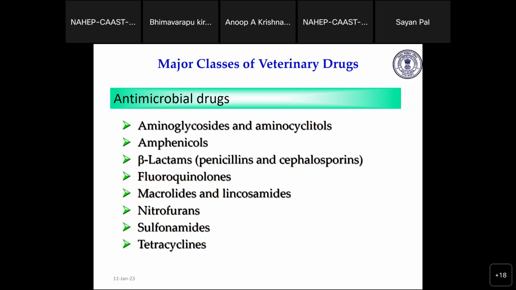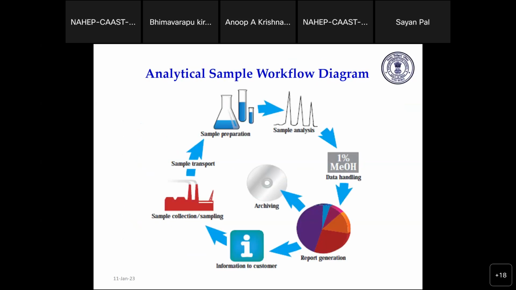Within these groups, there are some compounds which are banned, like nitrofurans. Nitrofurans are banned and not permitted in food of animal origin. Other groups like sulfonamides, tetracyclines, and fluoroquinolones have MRLs and are permitted, and still we monitor them because they should not go above these MRLs.